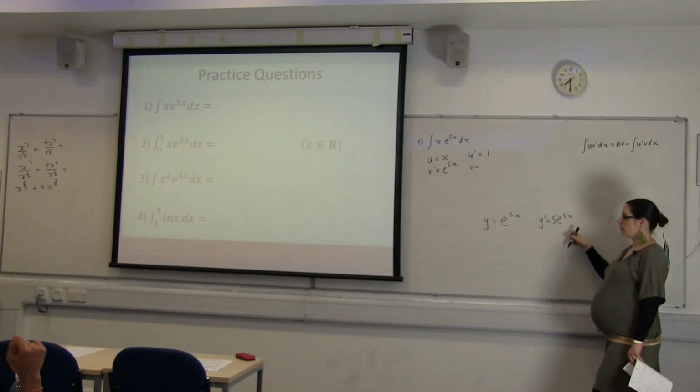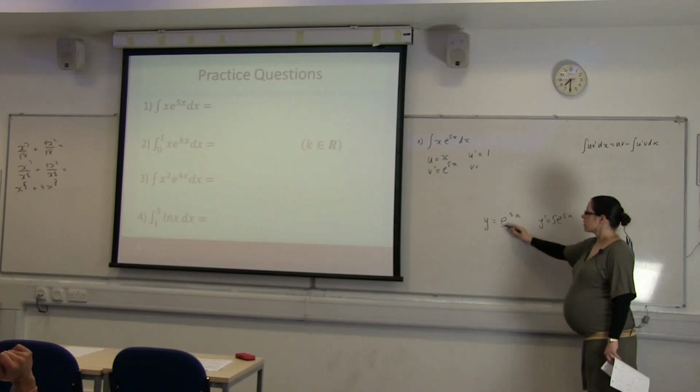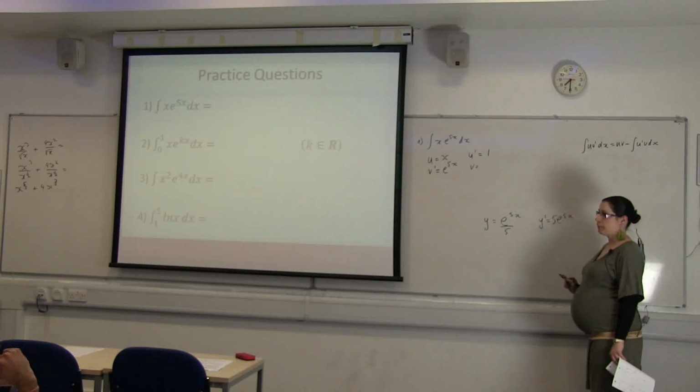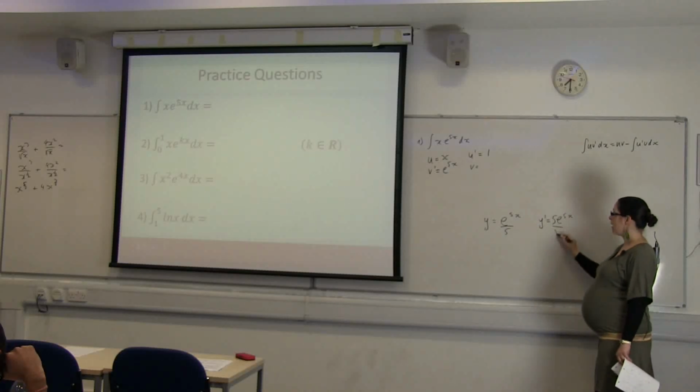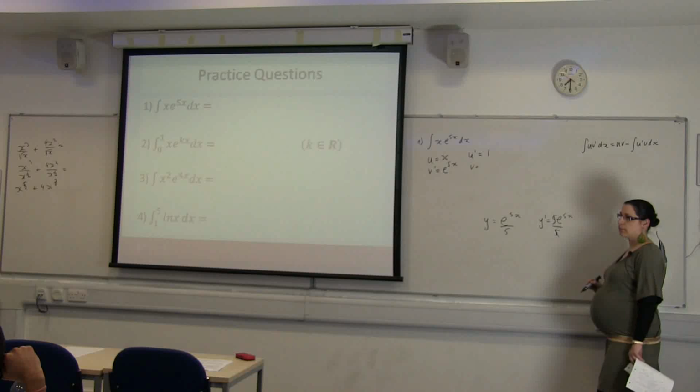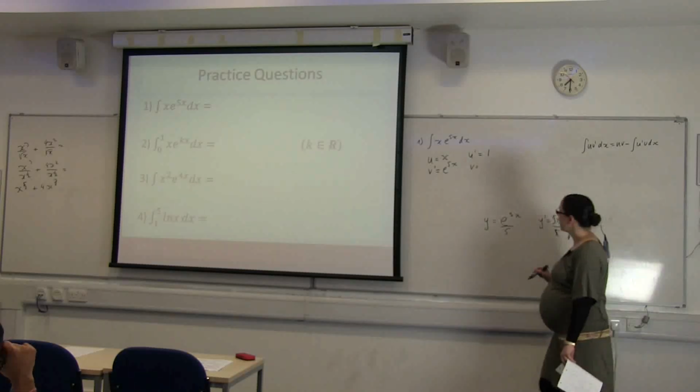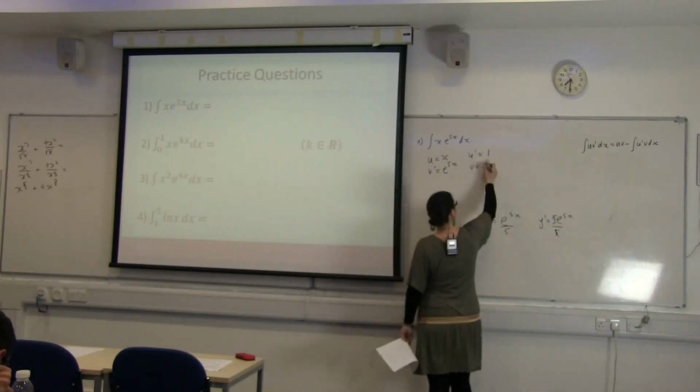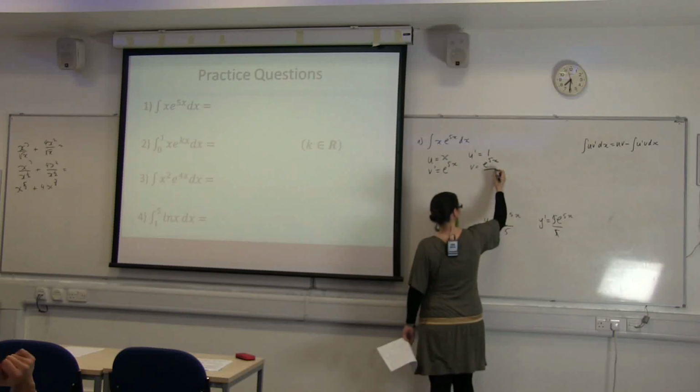So almost e to the 5x, what do I need? e to the 5x over 5, because then the over 5 will cancel out. Okay? So that is e to the 5x over 5.